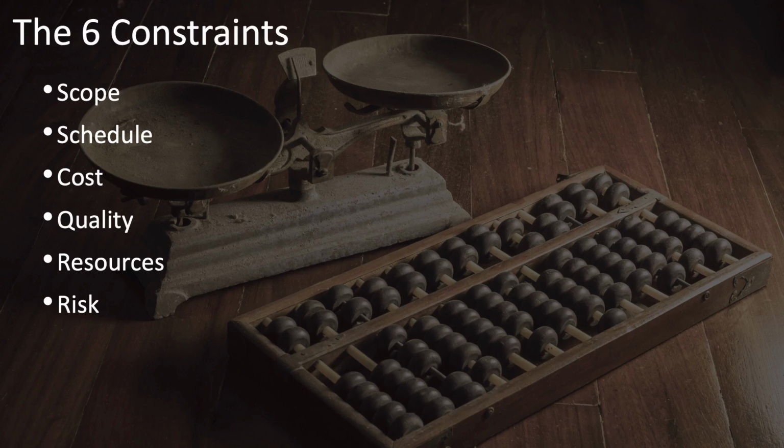There can be others, but these are the main ones, and these are the ones that the PMBOK guide specifically calls out as the primary 6 constraints of a project. Now, we had enough trouble relating 3 or 4 constraints using the project management triangle. What do we do with 6? How can we relate these 6 project constraints in a way that is meaningful and useful?